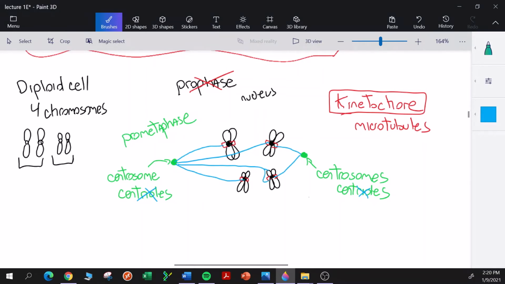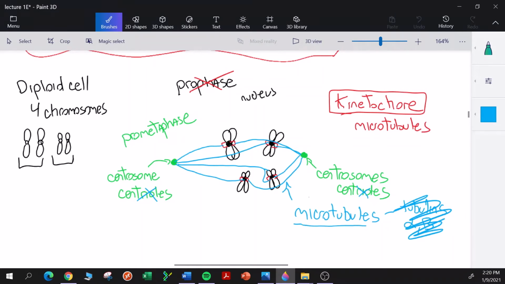So these are called microtubules. They're like little tubes, and they're made of proteins called tubulins, alpha and beta tubulin, usually. That's an extra detail we don't need, but we need to know these are microtubules and they extend from the centrosomes to the kinetochores of the chromosomes. So each centrosome is going to be connected to each of the kinetochores.